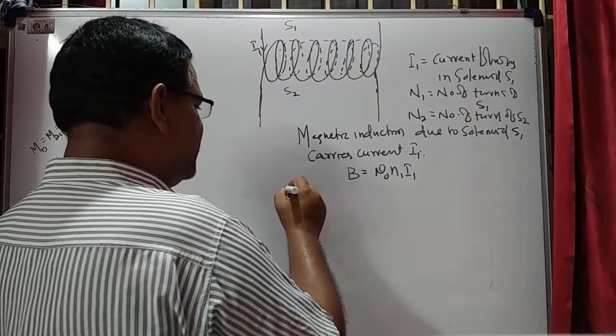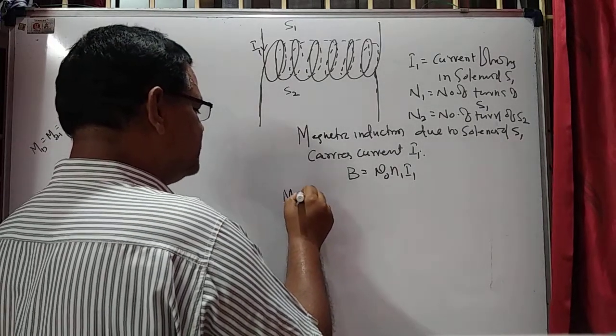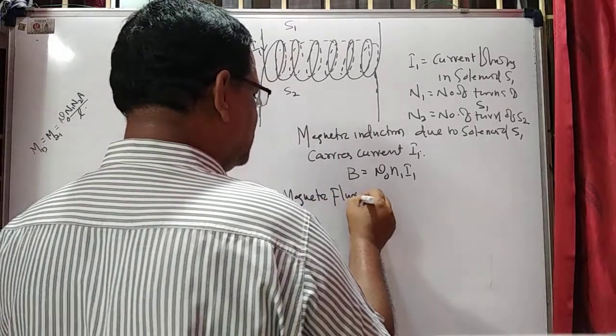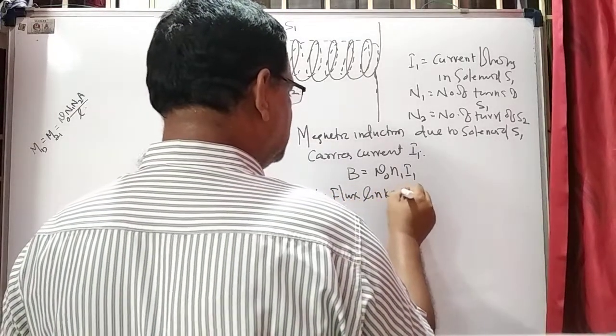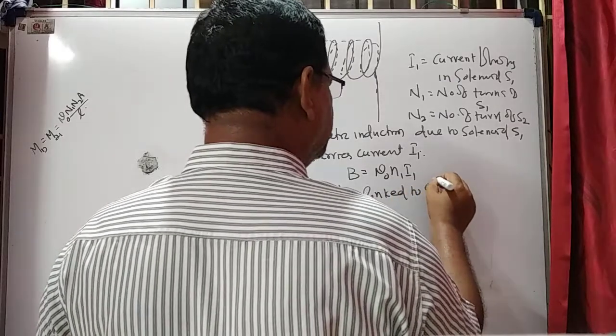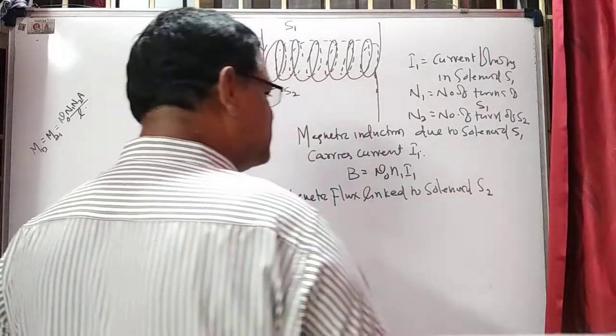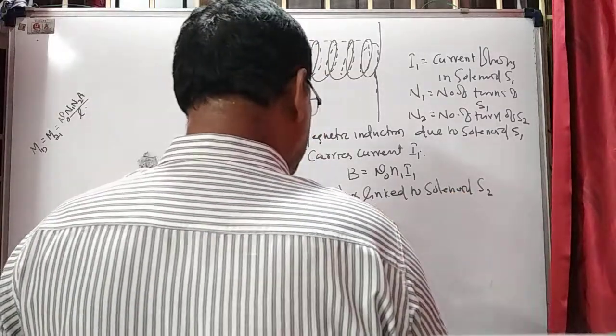Clear? So what is the magnetic flux linked to solenoid S2? We can talk about phi 2.